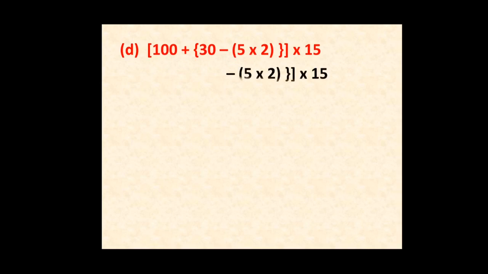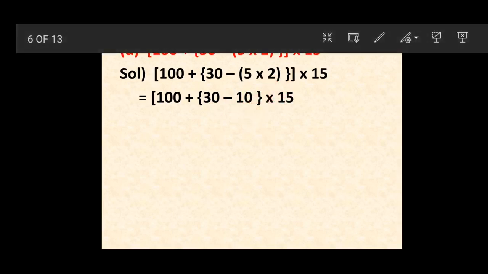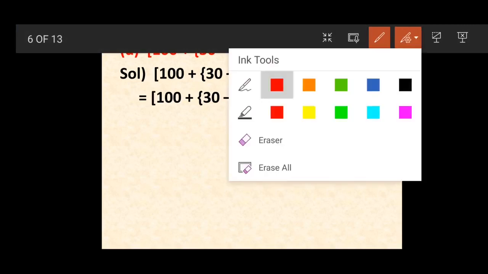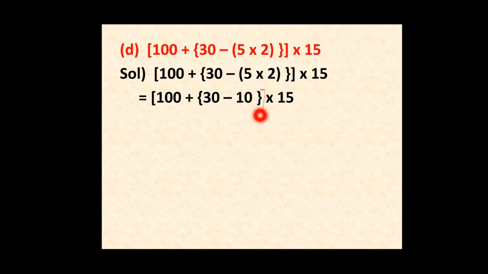So we rewrite it, then we will solve 5 into 2. 5 into 2 is equal to 10. So in the next step we have square brackets 100 plus curly brackets 30 minus 10. Then we close the curly braces, and after this we insert the square bracket also, into 15.